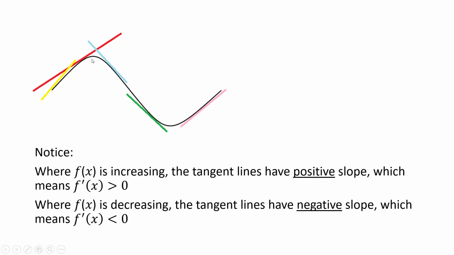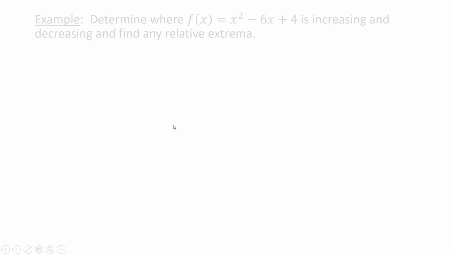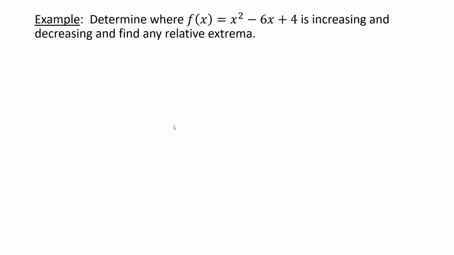The only way I could possibly switch to decreasing is if I had a relative maximum. And the only way I could go from decreasing to increasing is if I had a relative minimum there. So the most important thing to start is that we need those critical values. I need to know where is it possible for my function to change from increasing to decreasing or decreasing to increasing. Where is my derivative 0 or undefined?